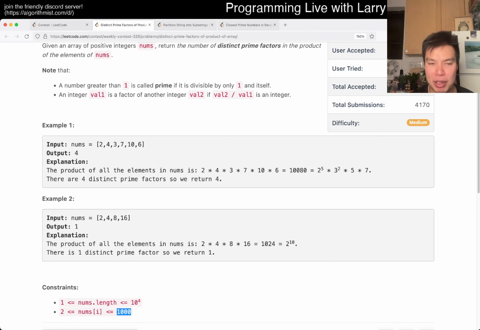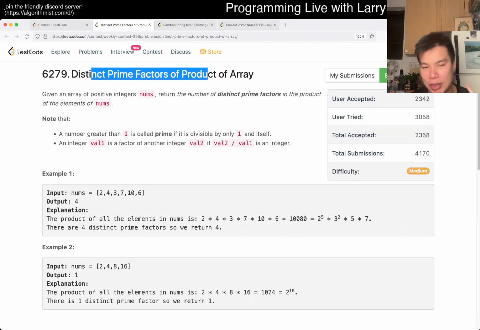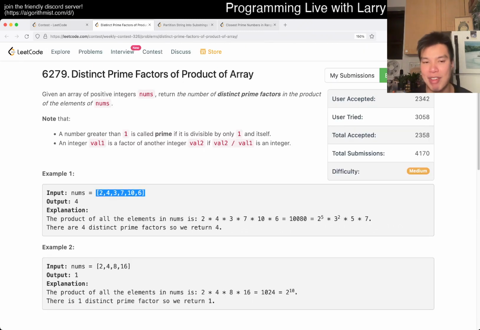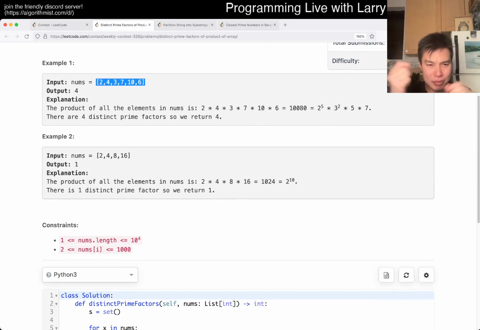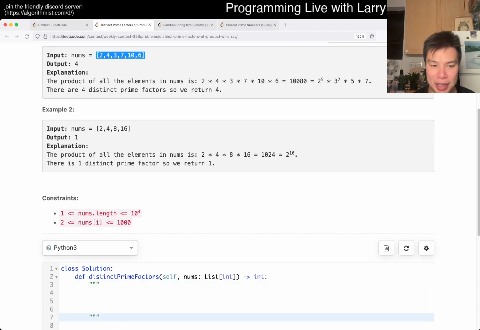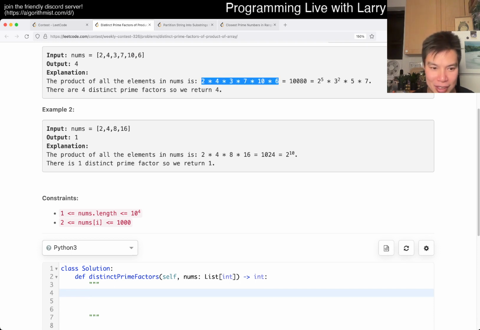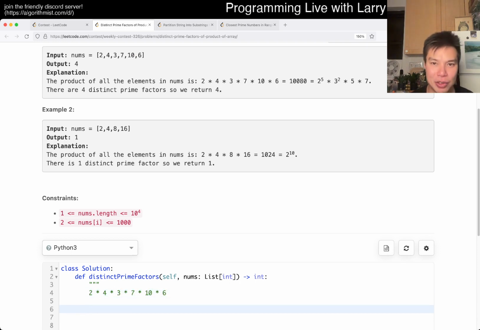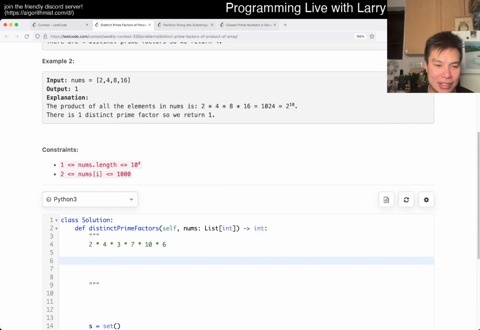What they tell you is that you want to find the product of all these things and then prime factor them. But really, because multiplication is commutative, you can think about it differently. If you have this number and you're trying to get the product of this, what you can do is just factor them, right?